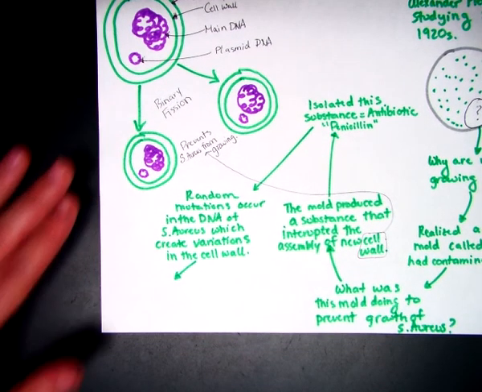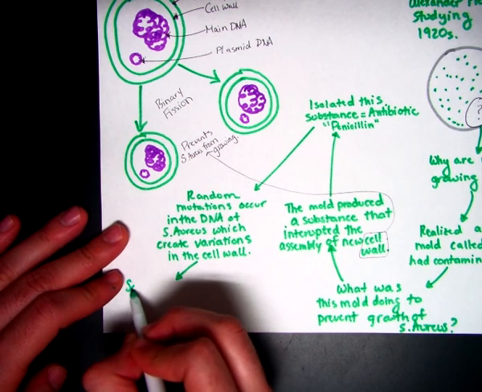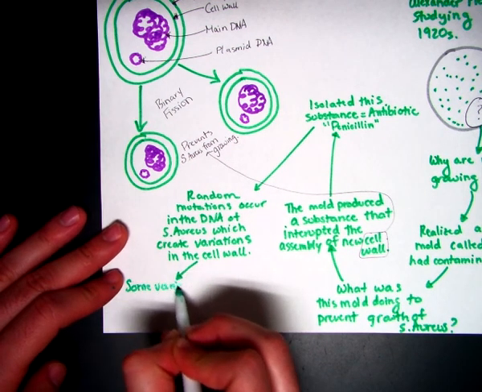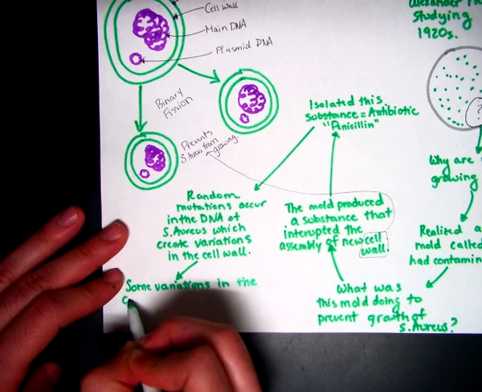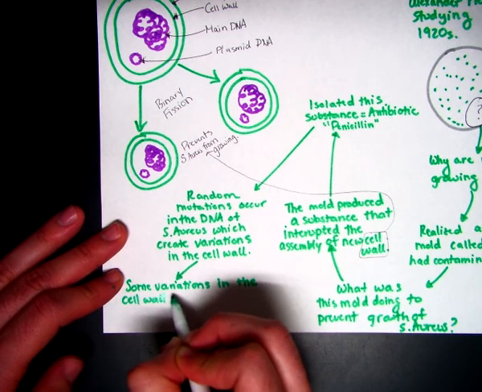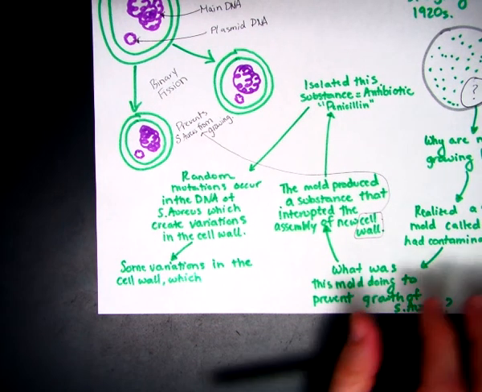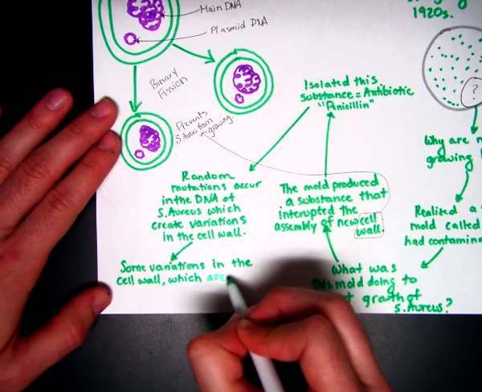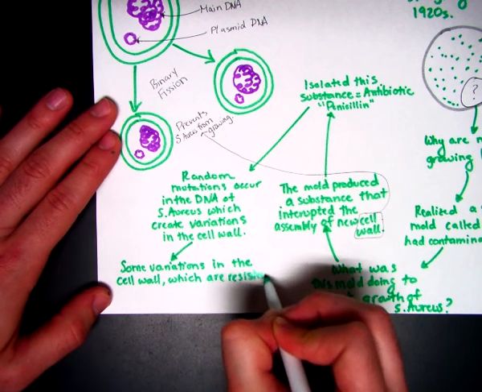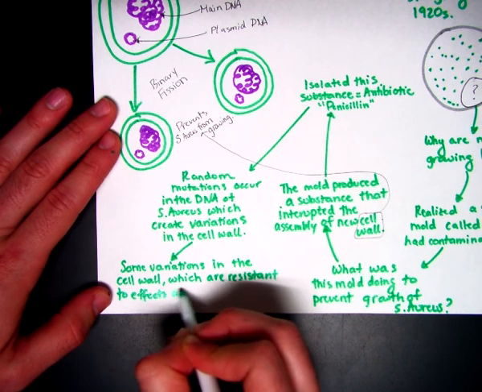You might see where this is going. This is kind of our last big point. There are some variations in the cell wall which are resistant to the effects of penicillin.